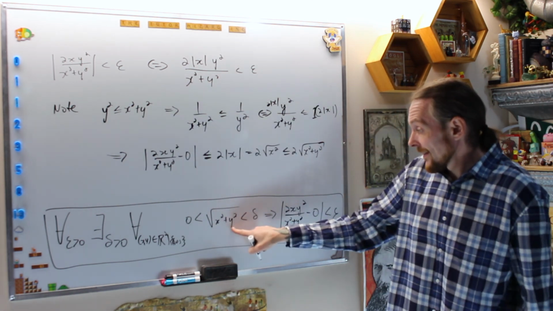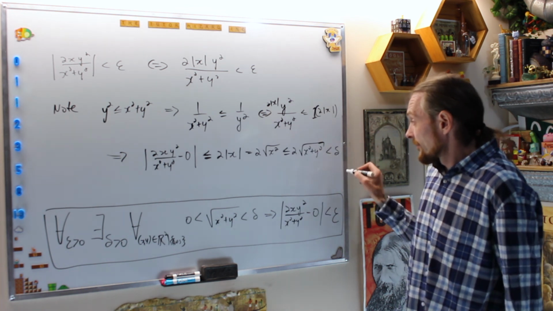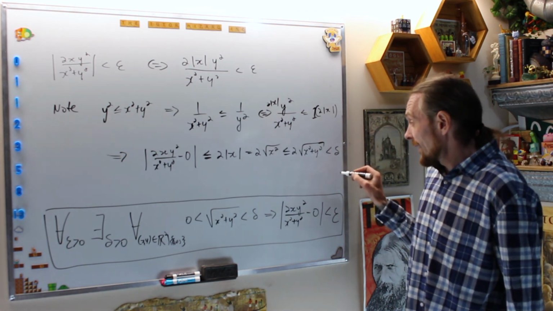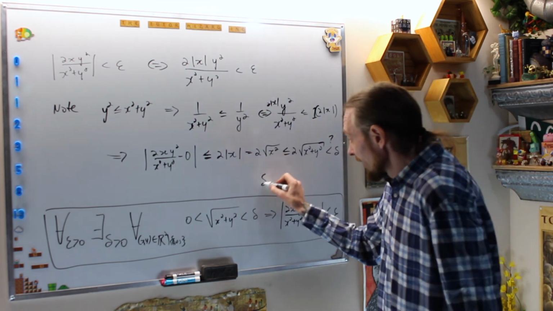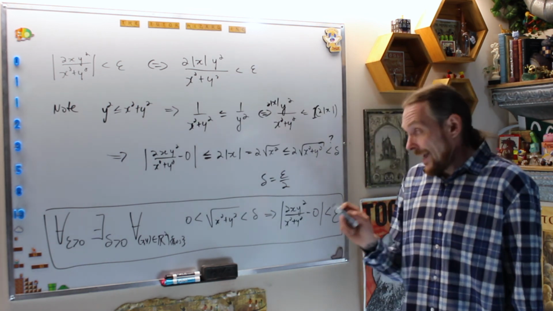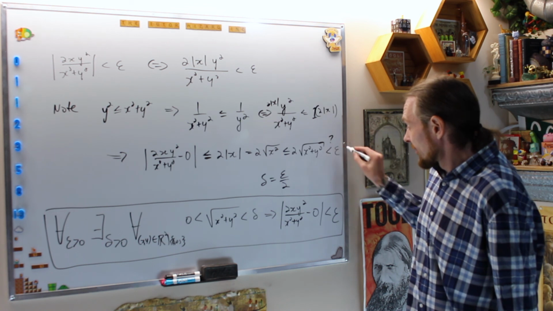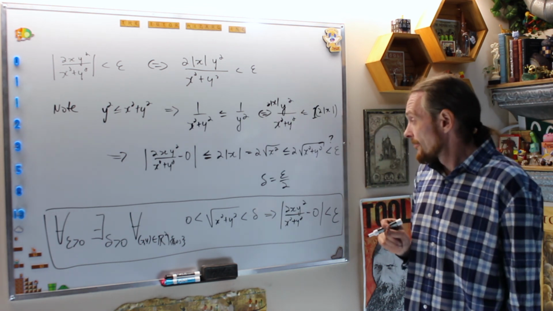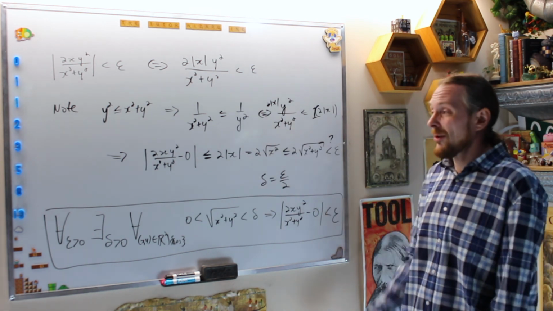And that's exactly this, which would be less than delta. Therefore, what do I need? That would be less than delta if I let delta equal epsilon over 2. And that will give us exactly what, or sorry, I want this to be less than epsilon. It's my function.